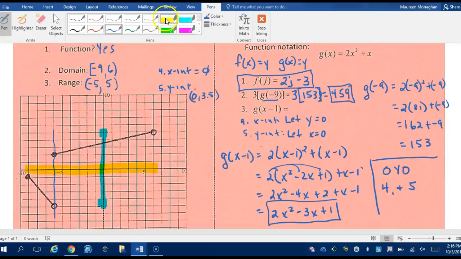These guys right here. I want you to find the x-intercept and the y-intercept of both f of x and g of x. Okay, this concludes our lesson on functions, domain, and range.